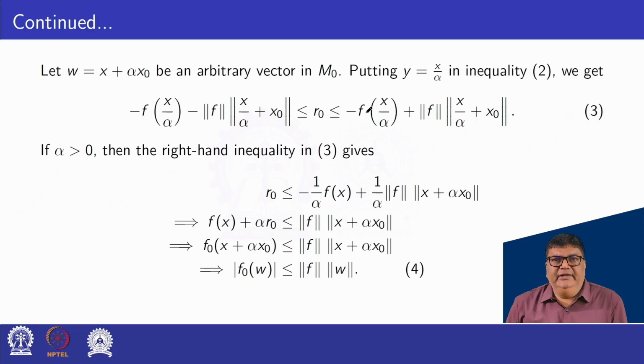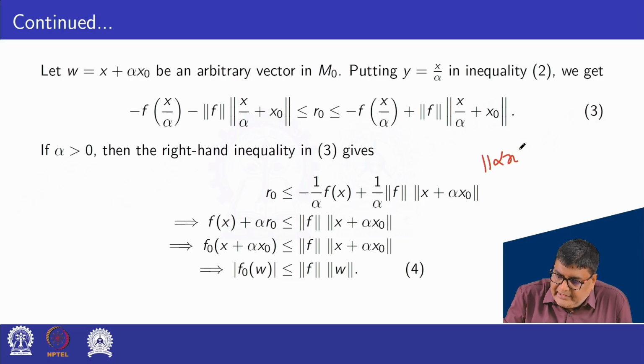here f is linear functional on M. So this can be written as minus 1 by alpha f x, and this one alpha LCM, so x plus alpha x0 by alpha, here alpha is a scalar greater than 0, then applying the property norm alpha x equal to mod alpha norm x.